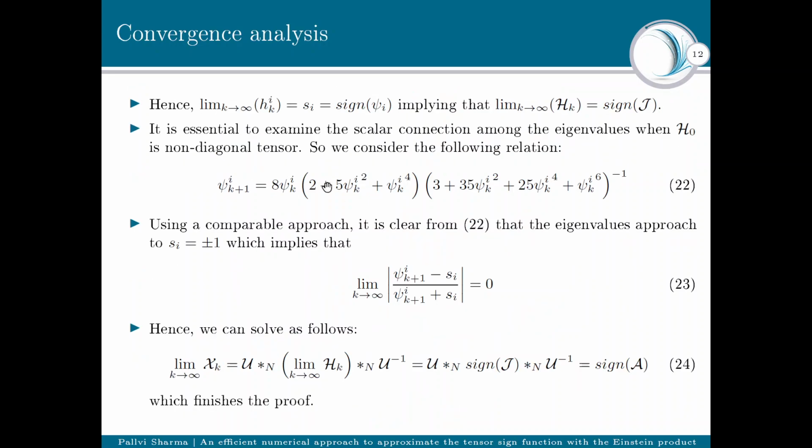From here it is clear that these scalar iterations converge to the sign of those eigenvalues lambda, and hence our new sequence H_k converges to sign of J. But if these H_k are not diagonal, then we can do the same procedure for the eigenvalues of each iteration and we get the same limit again, and hence our proposed method, that is X_{k+1}, or we can say X_k, converges to sign of A. This finishes the proof.